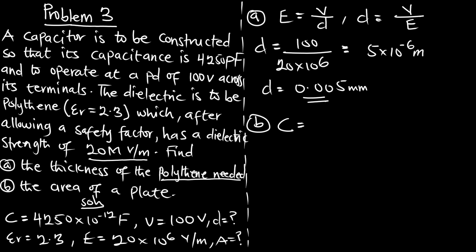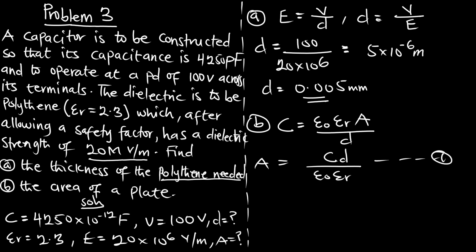So our formula is still going to be epsilon naught, and we also have the relative permittivity, we have the area, everything over the thickness of the plates. Now we are interested in the area, so we can make the area the subject. Here our A is going to be capacitance multiplied by the distance, everything over that. So we have the formula.